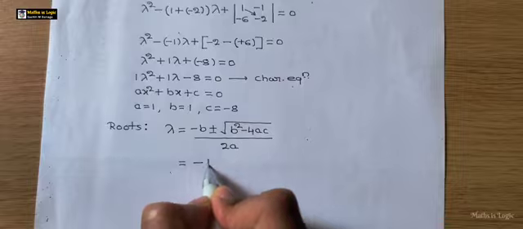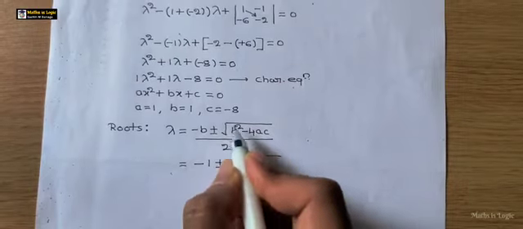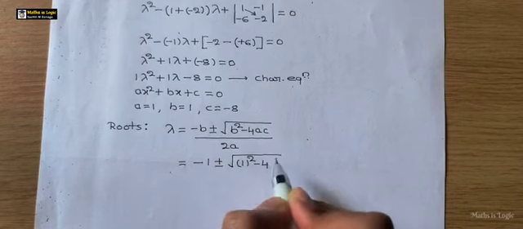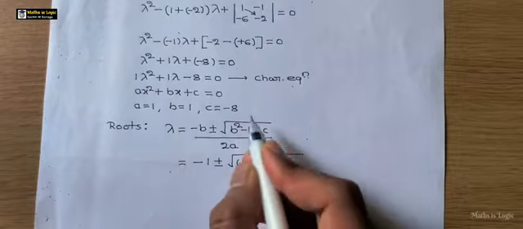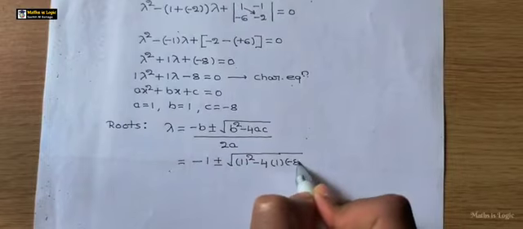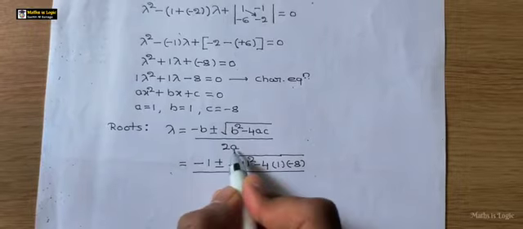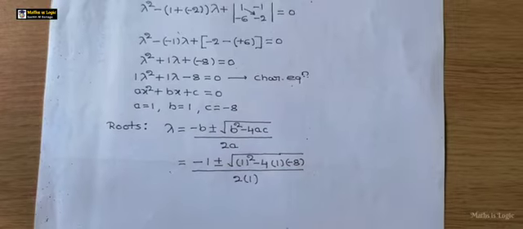What is b value? 1 plus or minus square root of b square means 1 square minus 4. A is 1 into C value is minus 8 divided by, so 2 into A value is 1, so 2 into 1.